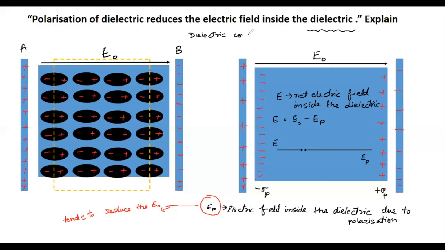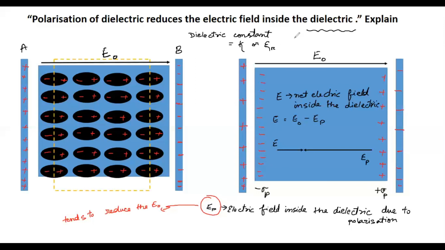Dielectric constant. And this dielectric constant will be related to the dielectric substance which we have inserted between these two metal plates, right? And sometimes it is denoted like this, or sometimes it is denoted like this. All right.